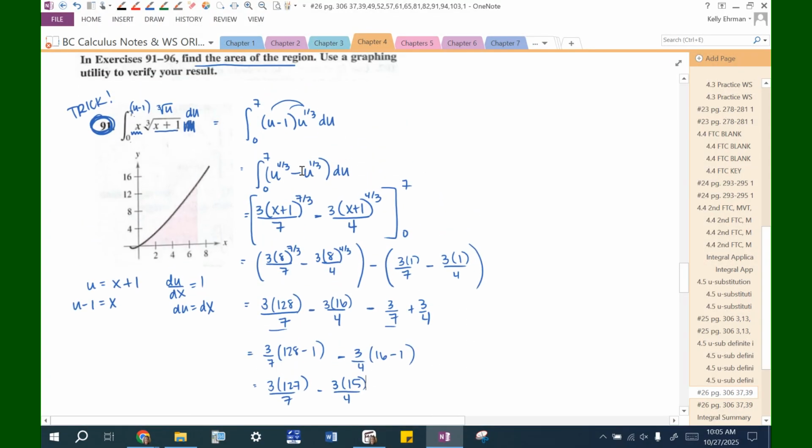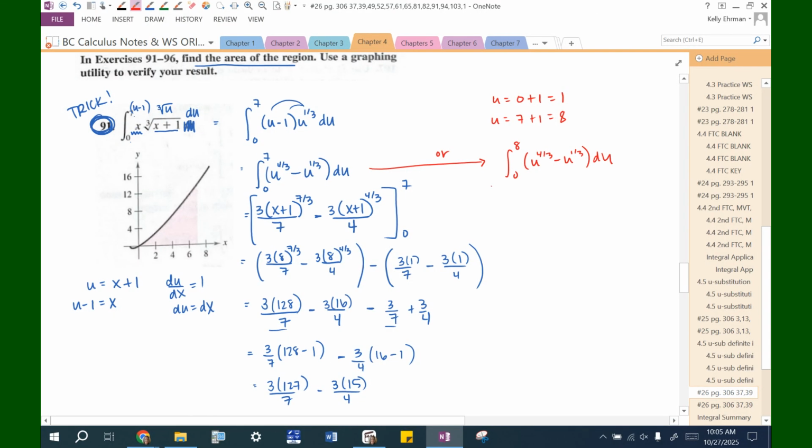What if you were keeping things in terms of u? So the alternative is, let's see, so u equals x plus 1. So if x is 0, then u starts at 1. And if x is 7, then u goes to 8. And it'd be the integral from 1 to 8 of u to the 4/3 minus u to the 1/3.